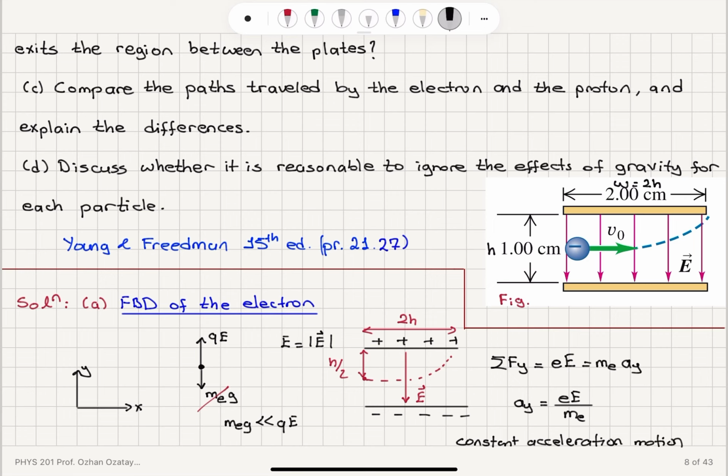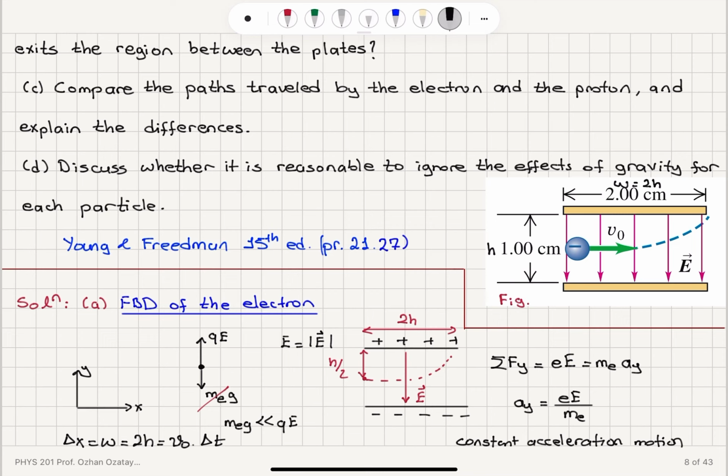Now, the distance the electron travels on the x-axis is the width, w, and there is no acceleration on the x-axis. w is equal to 2h, and that is equal to the initial speed v0 multiplied by the time of flight, delta t, the time of the travel in between the plates.